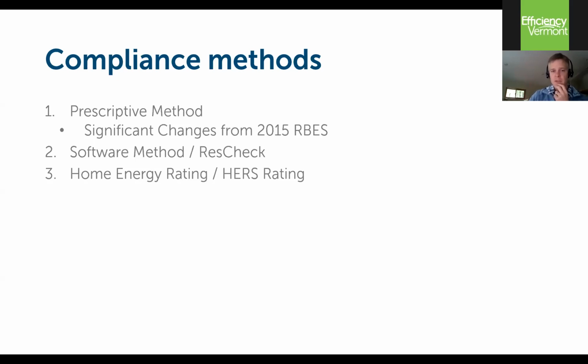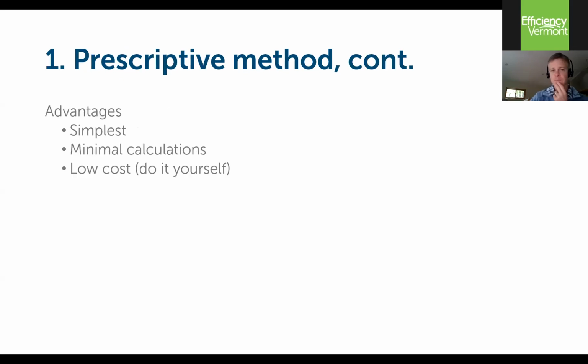And then the third method is having a home energy rating or a HERS rating done, which follows closely the software method of ResCheck, but it requires a third party to be doing the verification, and it goes into quite a bit more detail than ResCheck requires. So let's talk about those each individually and the differences between them.